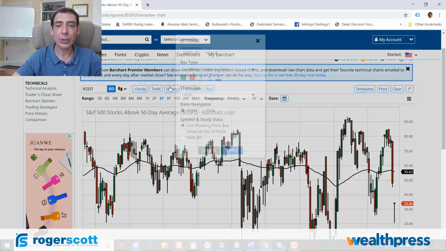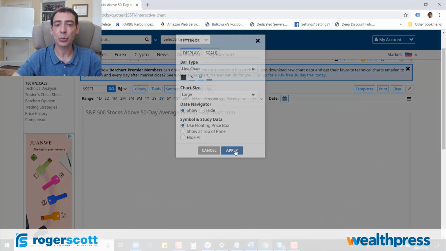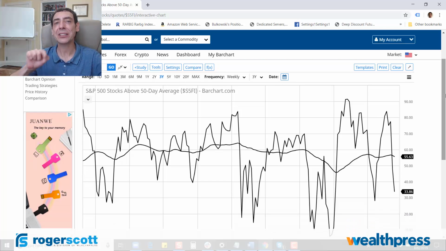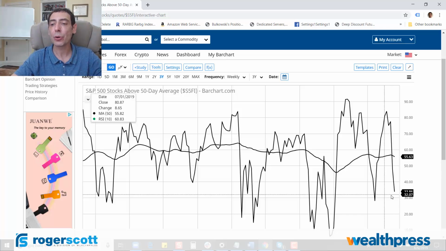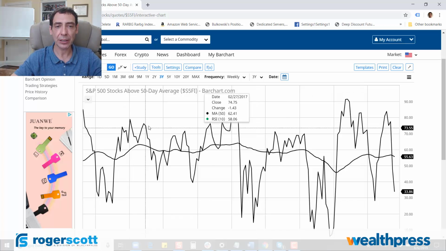So what I want to do is change the settings to a line chart because it's just easier to read. So here you could see the percentage of stocks in the S&P 500 trading above the 50-day line. And right now, only 33% of stocks are trading above the 50-day moving average. And if you look close to here, let's go a little further.